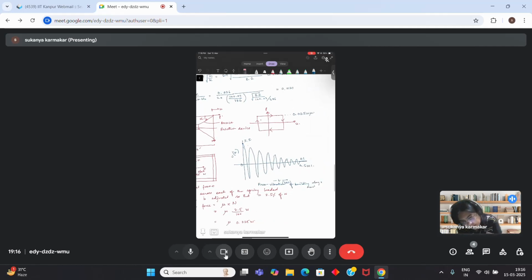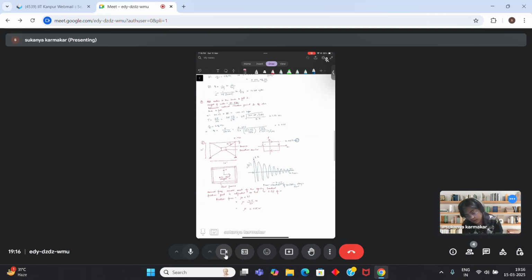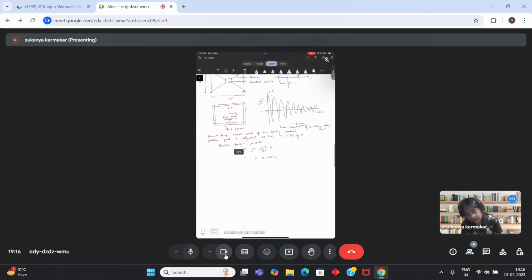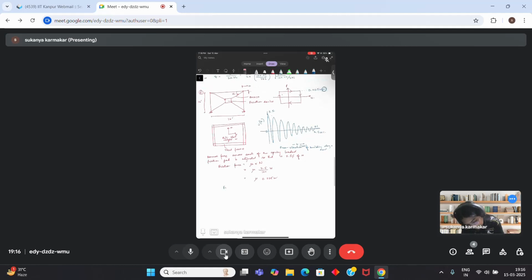That is, you have to find this value of mu. Find the value of effective coefficient of friction.